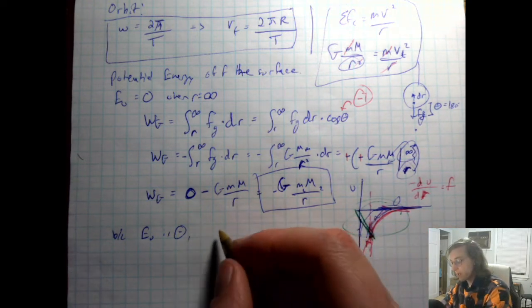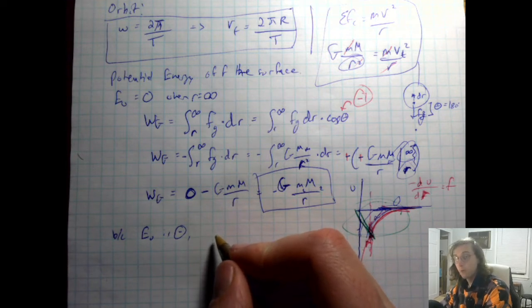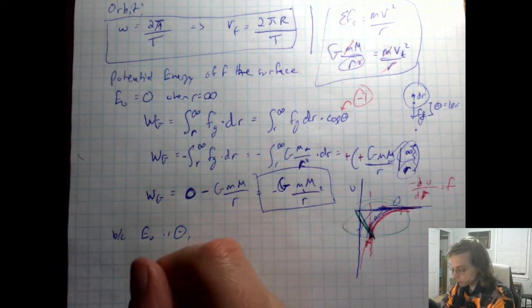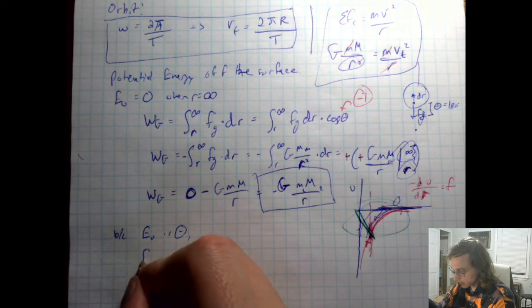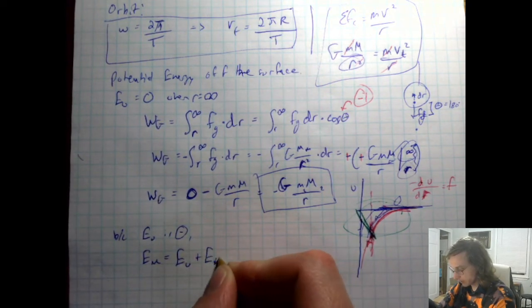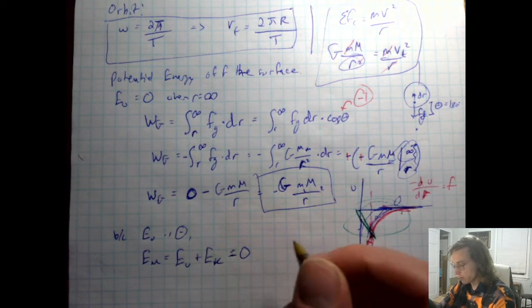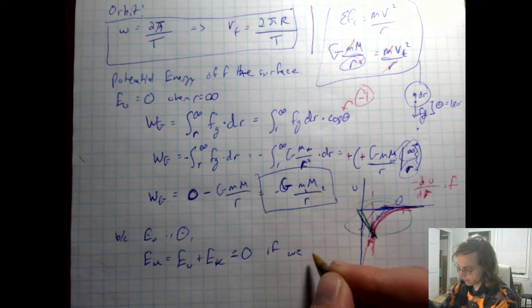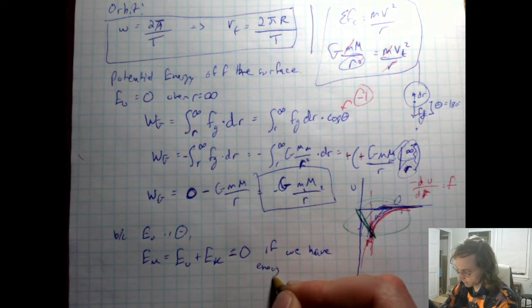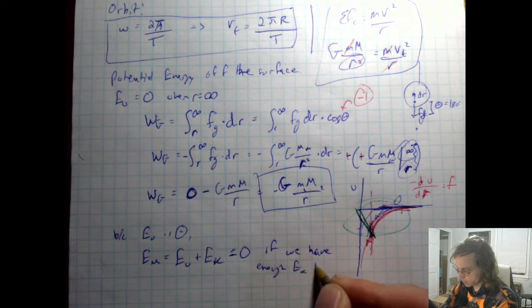Now, that will happen when we either have no total mechanical energy because we've undone all of our negative potential energy, or positive mechanical energy. So what that'll look like is that our mechanical energy, which will need to be equal to our potential energy plus our kinetic energy, will need to be equal to 0 if we have enough kinetic energy to escape.